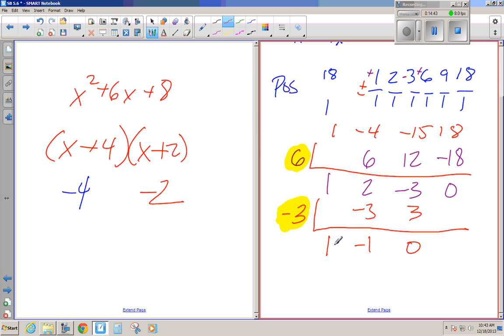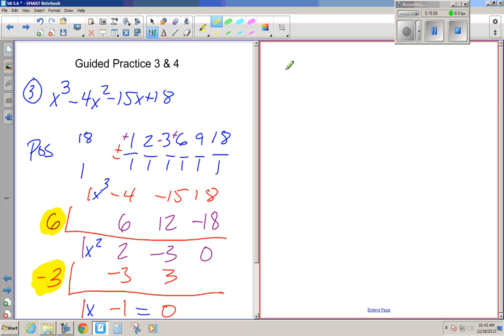And lastly here, we went from, please remember this part, an x cubed to an x squared. So now we have 1x minus 1 equals 0. And what makes x minus 1 equal to 0? Of course, a positive 1. So we now know that these are our zeros.